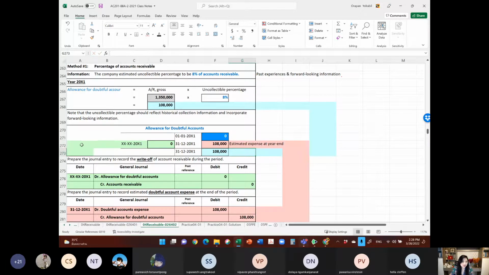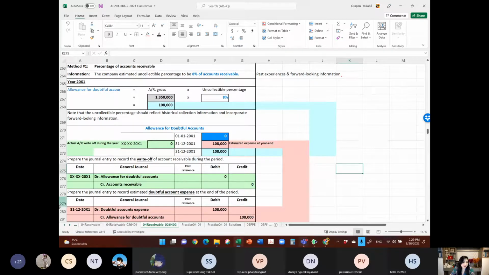So this is the AR write-off during the year. This is actual AR write-off during the year, and this is estimated expense at year end.